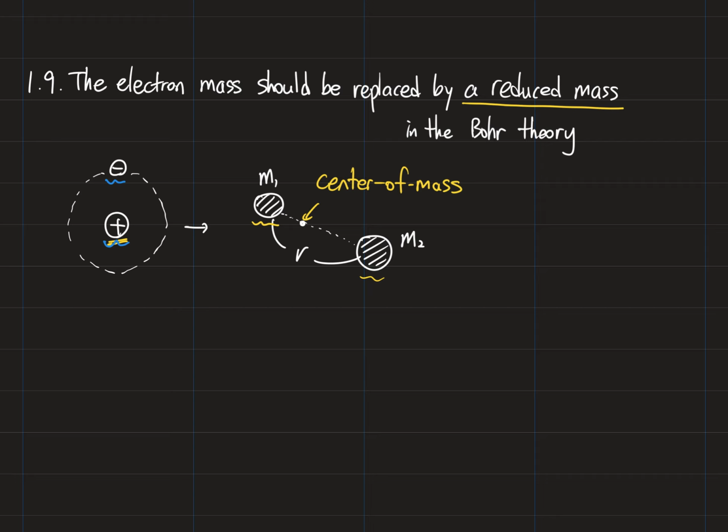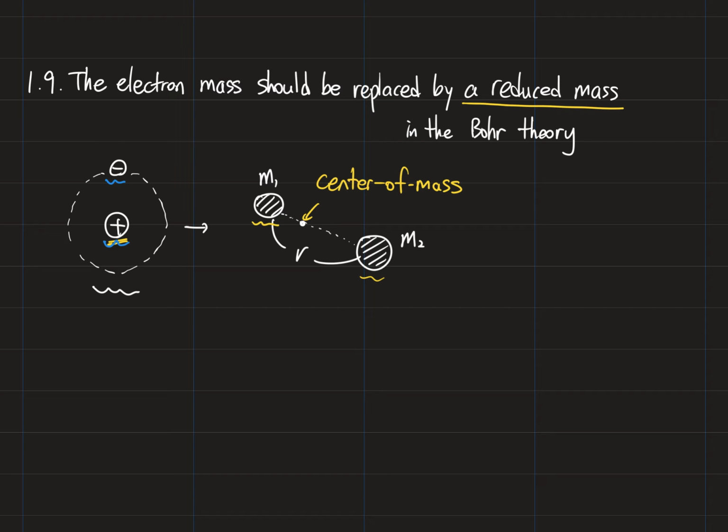While this seems like a much harder problem compared to a single-body problem, there is an elegant mathematical technique that allows us to convert the two-body problem into a one-body problem.